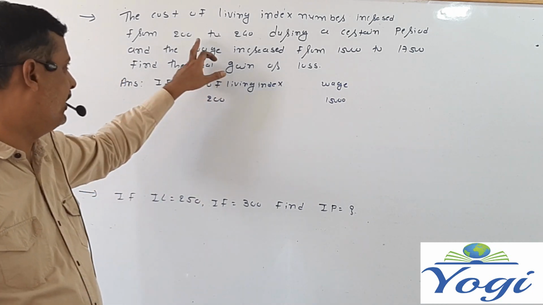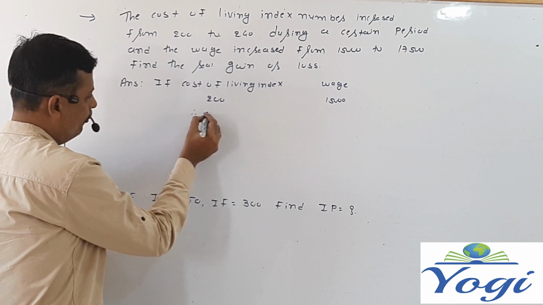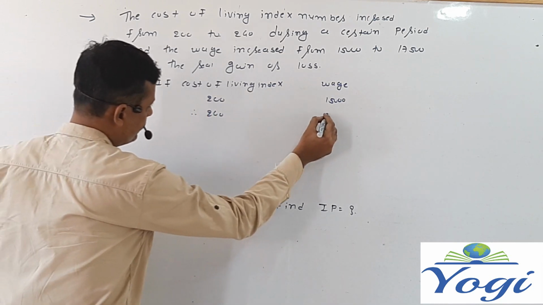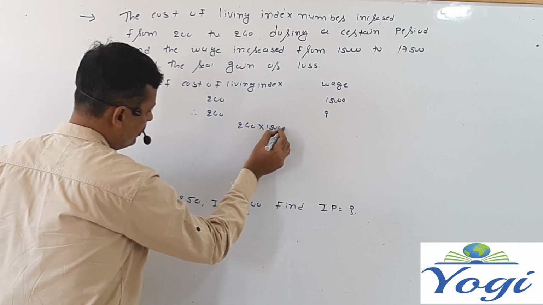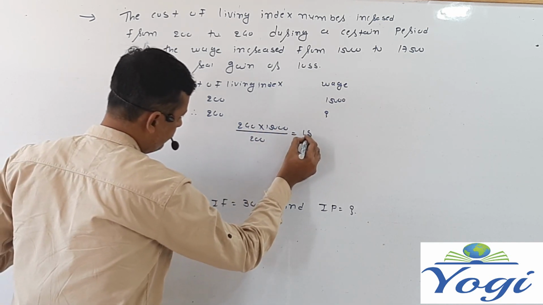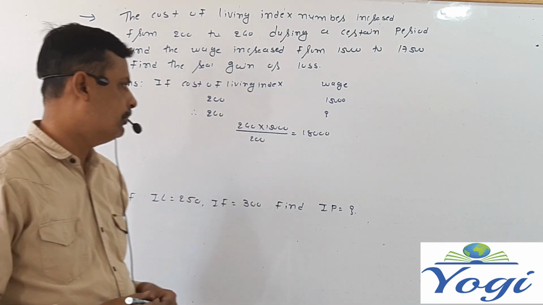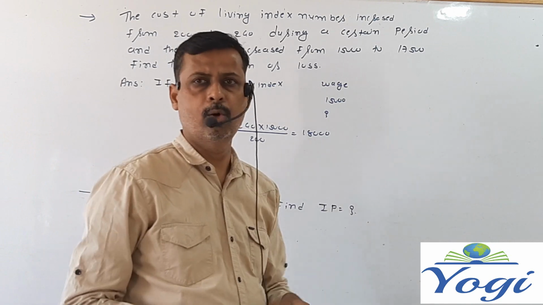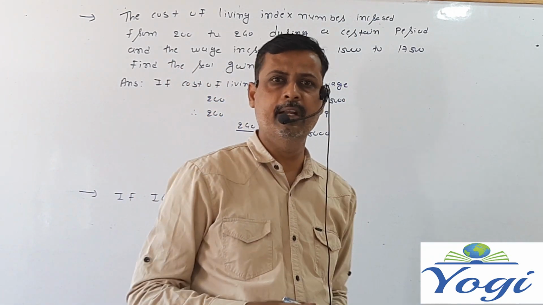Now this cost of living index increased from 200 to 240. So 240 into 15,000 upon 200. So the real wage should be 18,000. As per our calculation, the real wage should be 18,000.